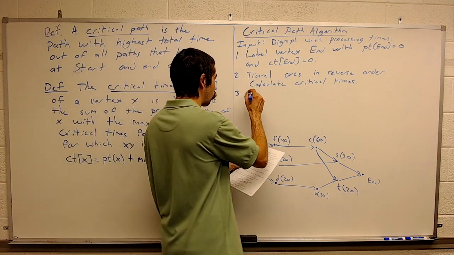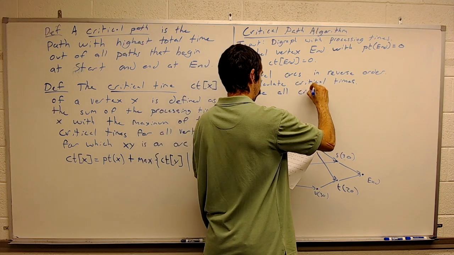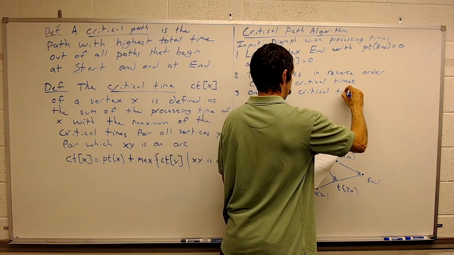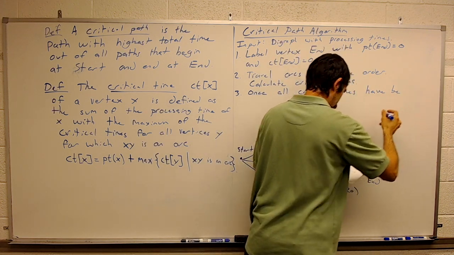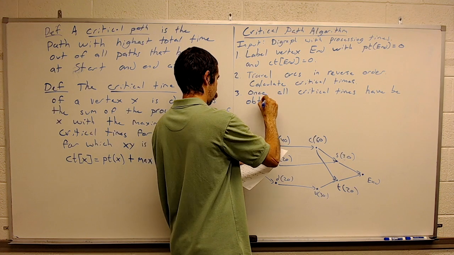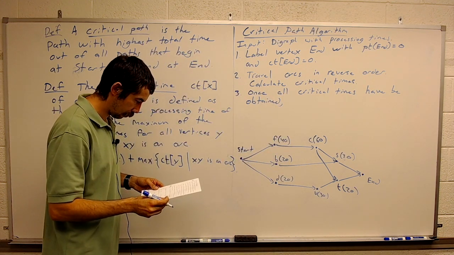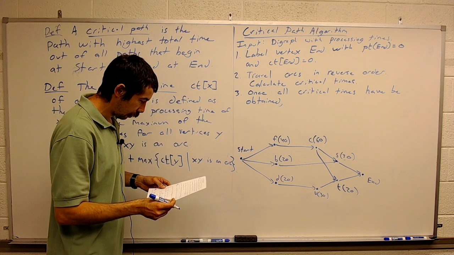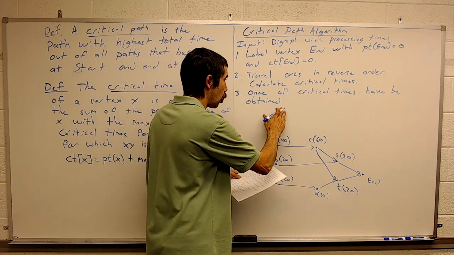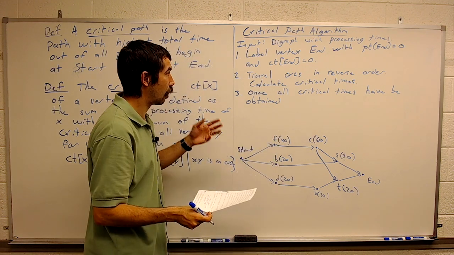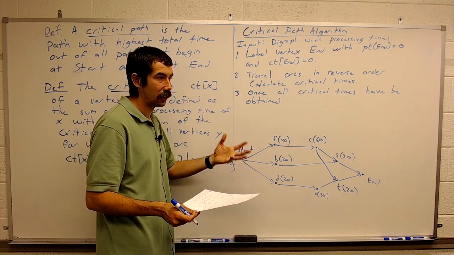So once all critical times have been obtained, we're going to basically write something called a priority list.